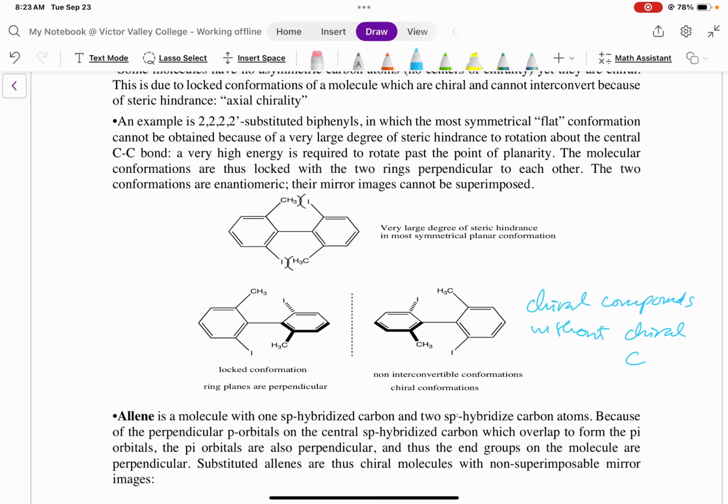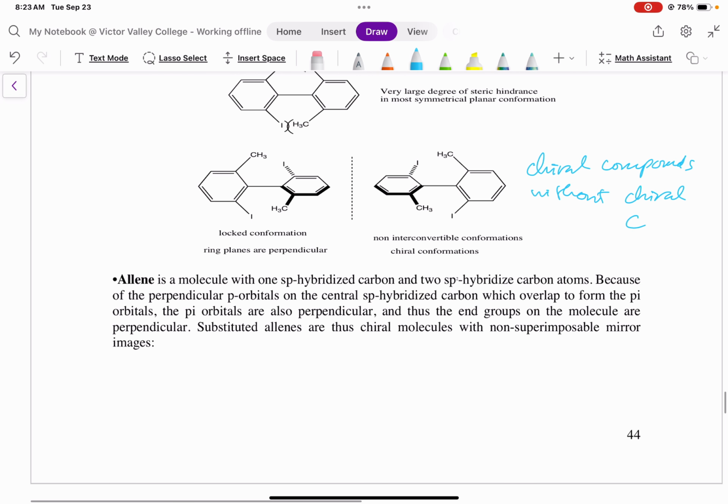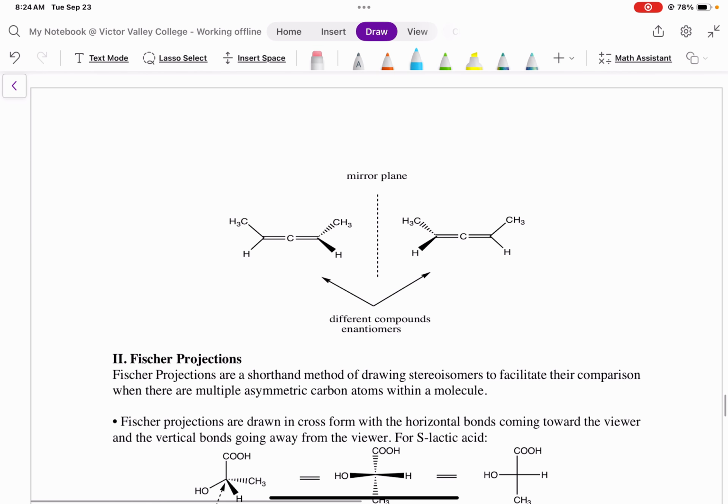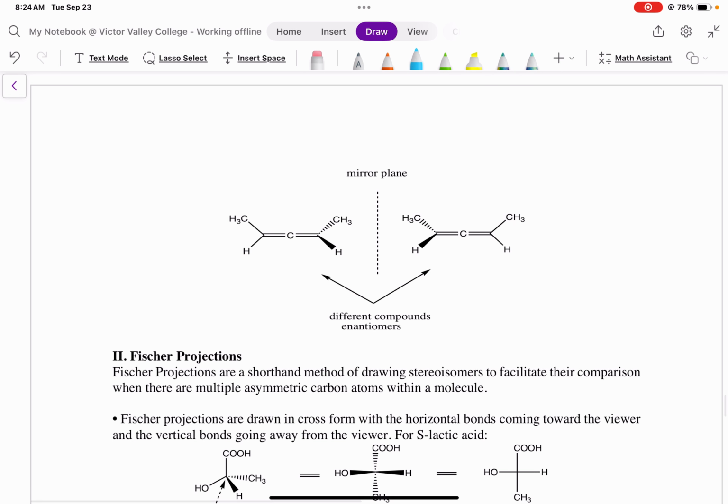Okay, now here's another example, but they fit the definition. They have a mirror image that's non-stackable, or non-superimposable. Here's a good one too. A very simple compound with 2 double bonds in a row.